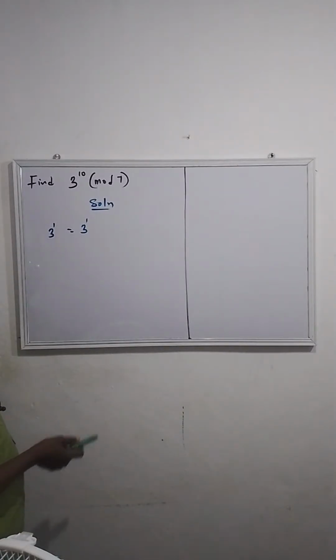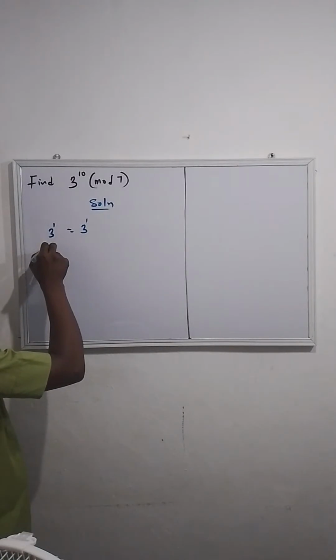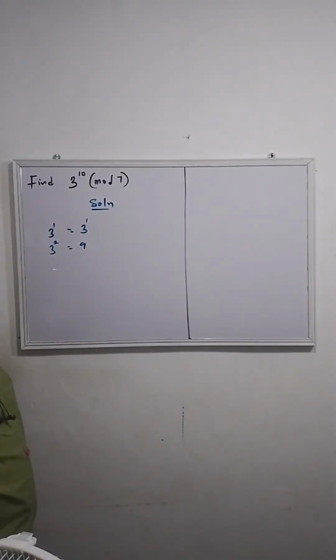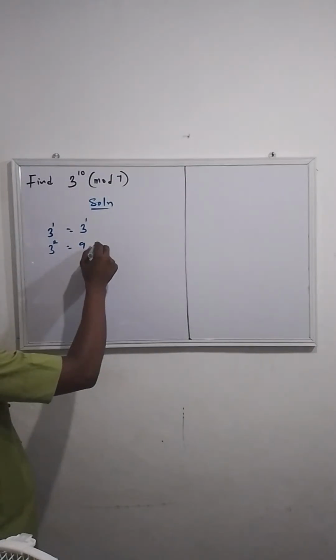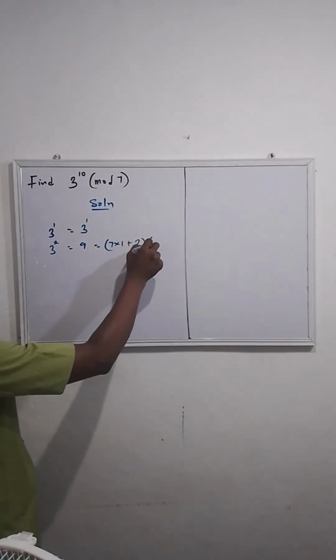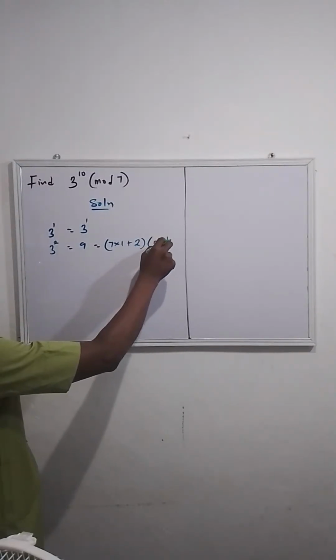Also, 3 raised to the power of 2 gives you 9. If you are writing that in mode 7, what's it going to give you? That's going to be 2, because it is the same thing as 7 times 1 plus 2 in mode 7.